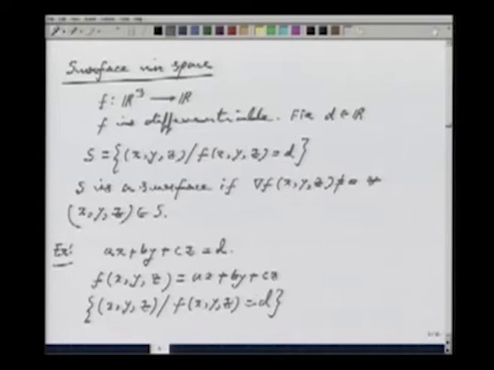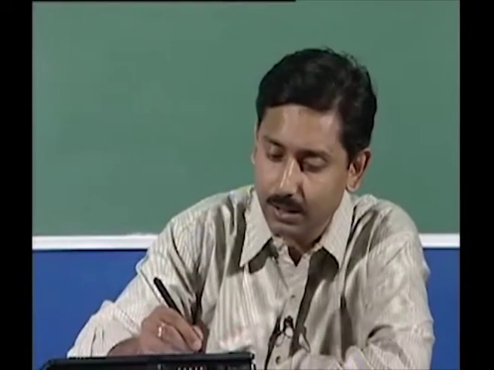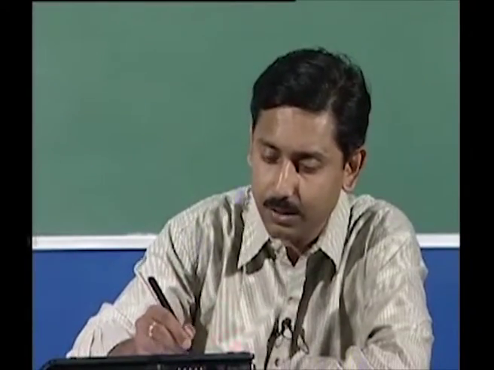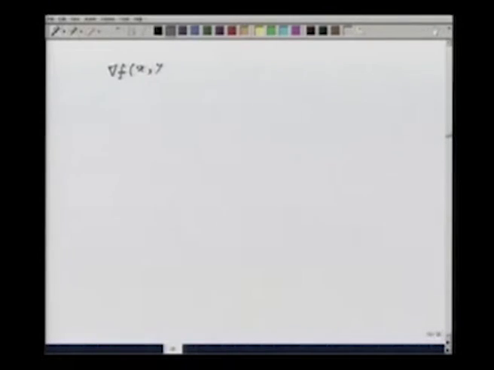Now we can see from the definition of f that this is the same plane given by ax plus by plus cz equal to d. The question is, when is this a surface? For that I need to look at the gradient of f at any (x, y, z). Well, the gradient of f turns out to be (a, b, c).